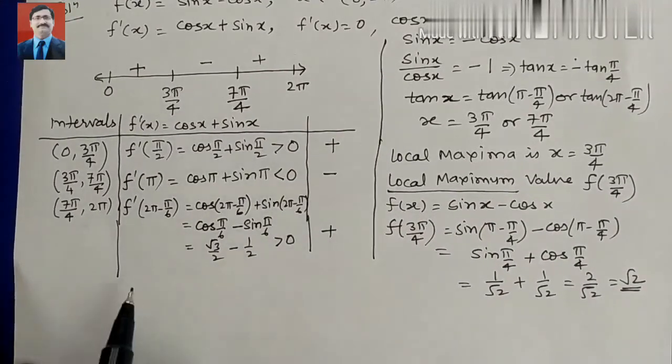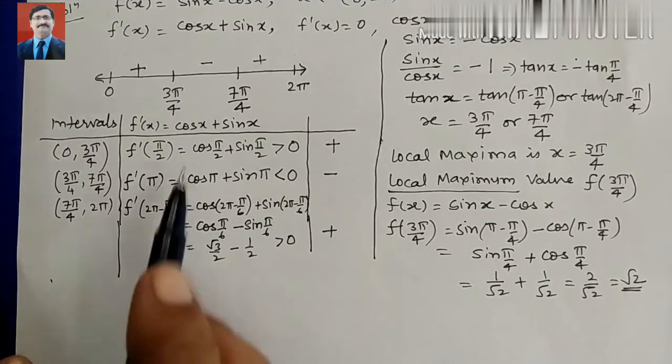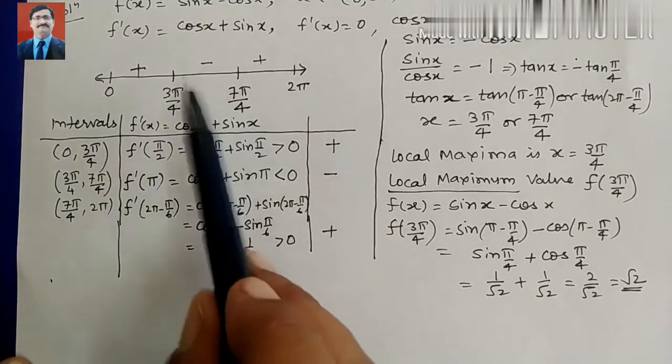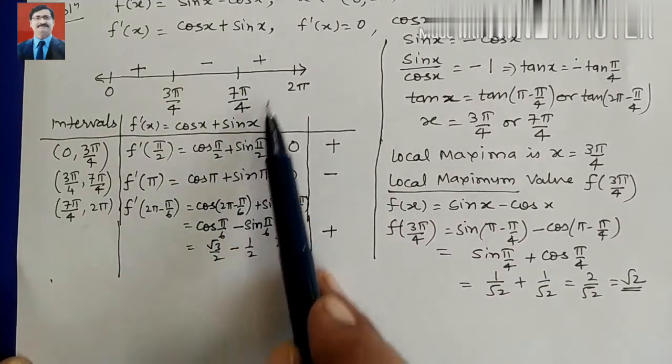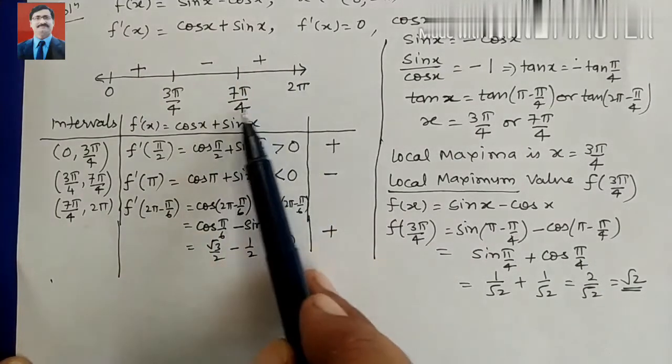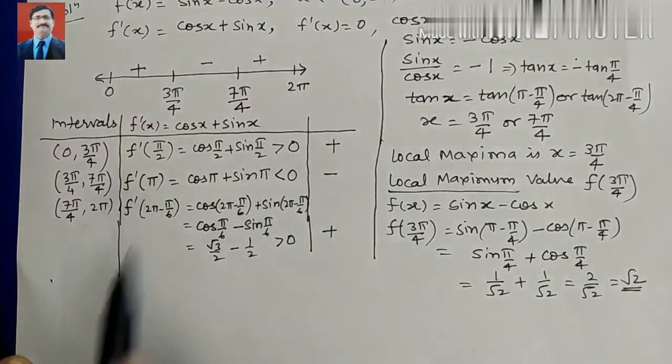In the same way, we have to find the other point. Look here, at 7 pi by 4 the signs are plus, minus, plus. Here the function is decreasing and then increasing, which means at 7 pi by 4 the value is a local minima.